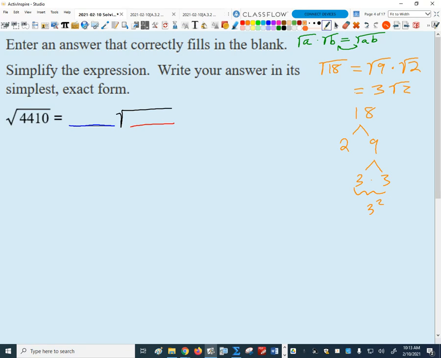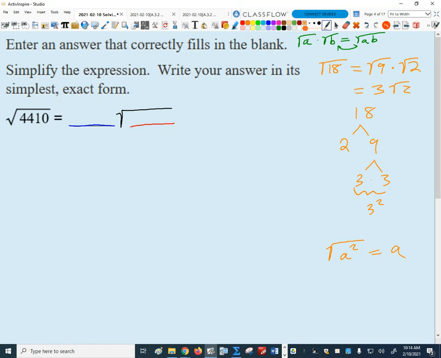The square root of 3 squared is just 3, isn't it? In general, if I take the square root of anything, call it a squared, the answer is just a, right? Everybody agree?